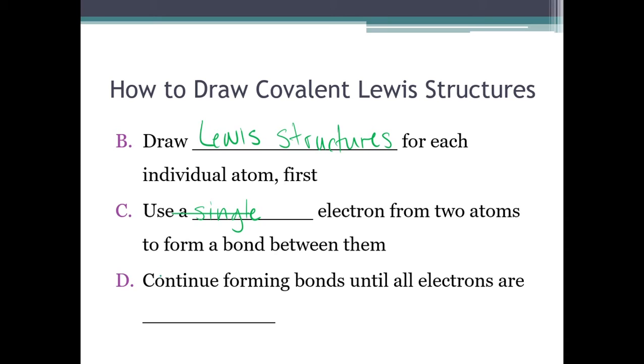And you'll continue forming bonds until all electrons are paired. Remember, electrons are needy. They travel in pairs during bonding, so you're never going to have just one single electron all by itself. It'll either be paired up with another in a bond, or it will be paired up with another as a lone pair, but it will almost never be by itself.